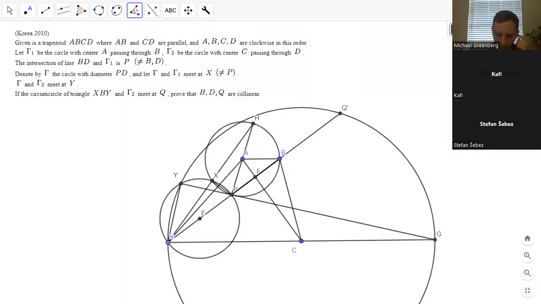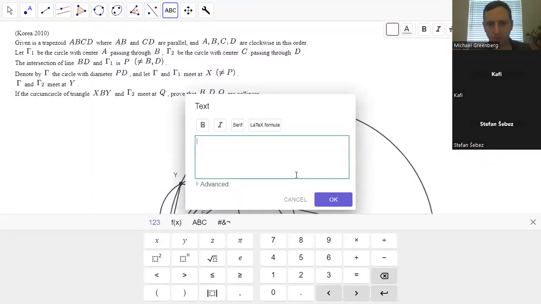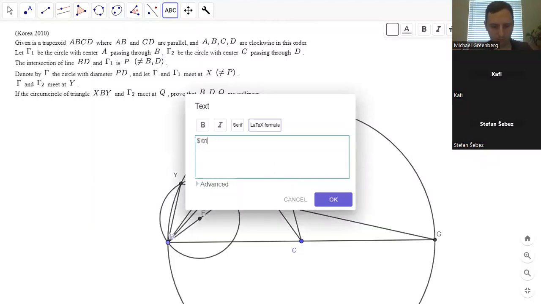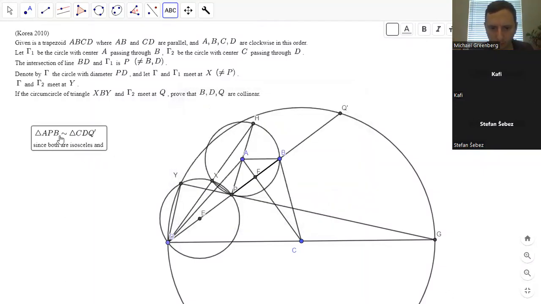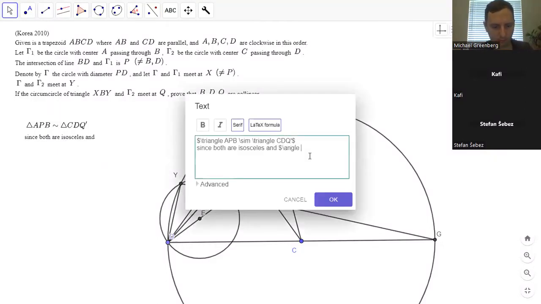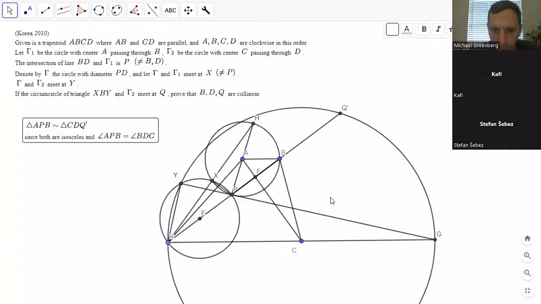So first we're going to show APB and CDQ prime are similar, since both are isosceles, and angle ABP is BDC. That's where we use the parallel. Okay.